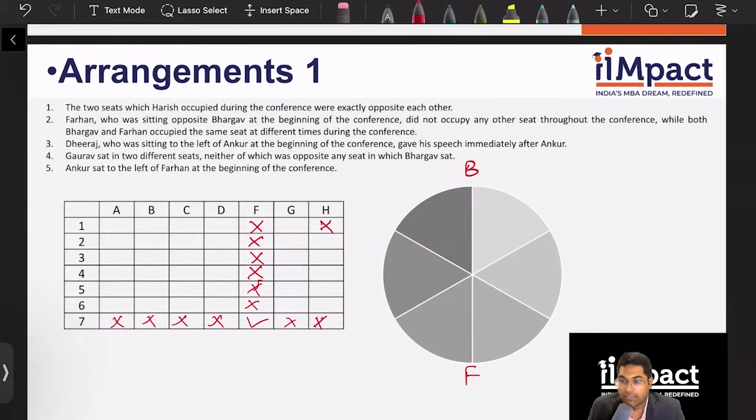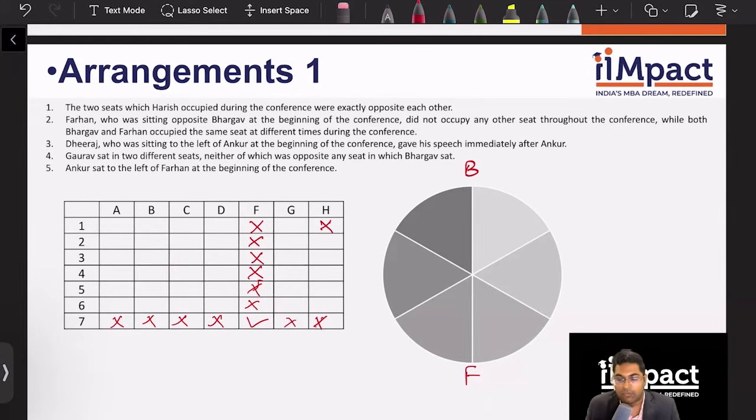What is the second half of this statement? While both Bhargav and Farhan occupy the same seat at different times during the conference. Oh, this is interesting. Guys, this is exactly the thought process which we entered with. If B is occupying F's seat, say F is the last speaker, right? And F does not occupy any other seat. And if B and F have shared a seat, that means B is immediately before F, correct?